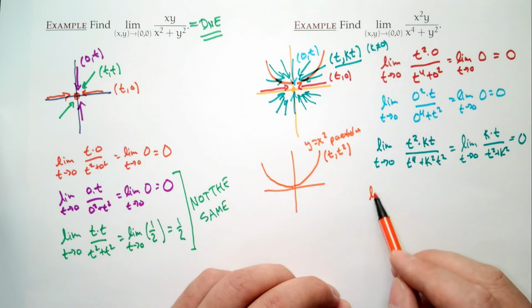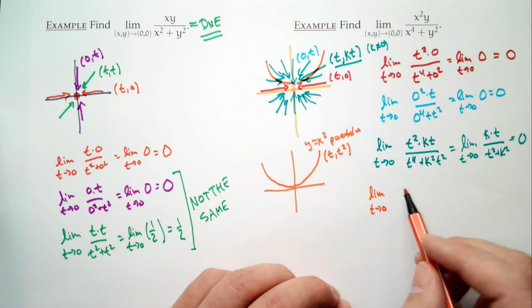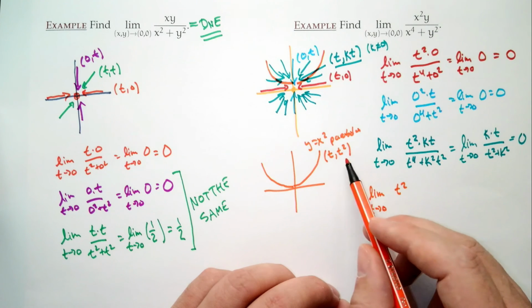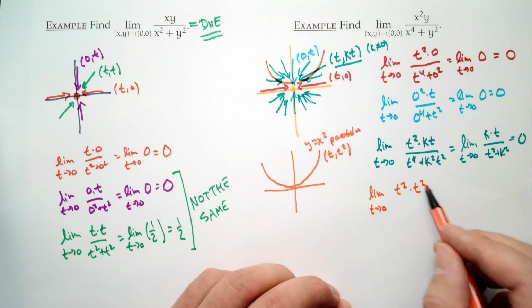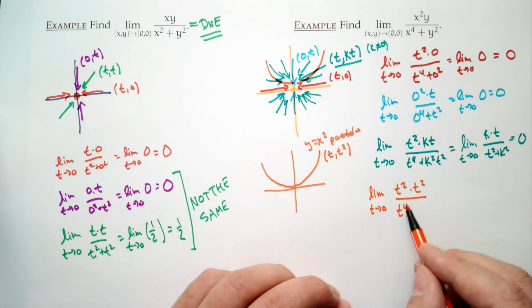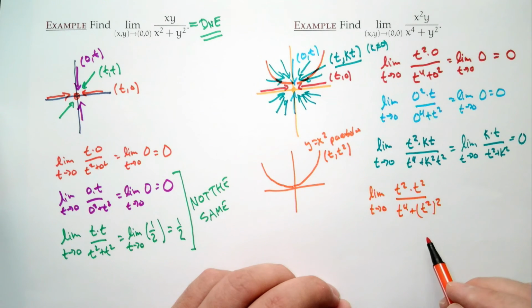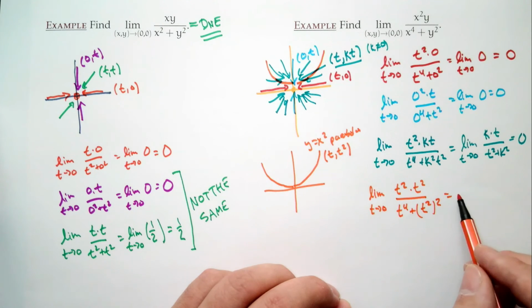So we take the limit now as t goes to 0, and we plug in y equals x squared, so x would be t, so that's t squared times y, which is another t squared. Downstairs we get x to the fourth, t to the fourth, plus y squared, which is t squared squared.